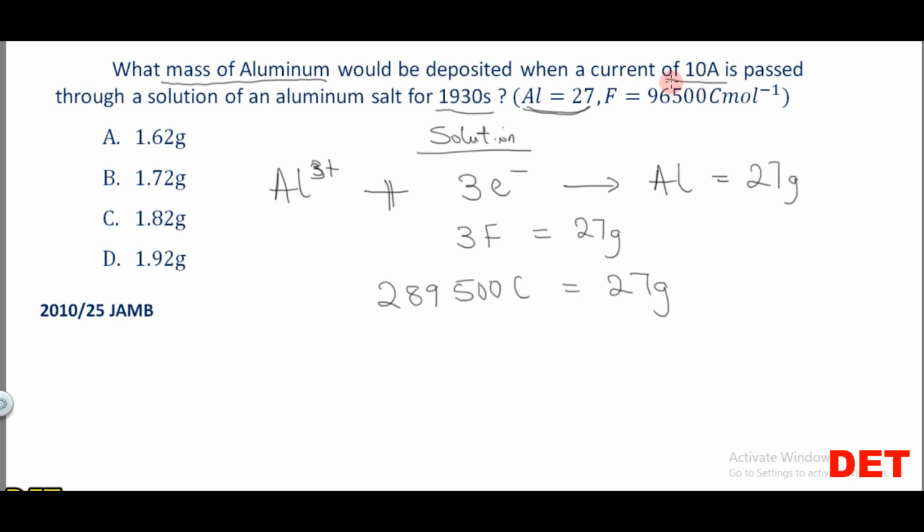So the question again is, what mass of aluminum will be deposited when a current of 10 ampere is passed through a solution of an aluminum salt for 1930 seconds? So we are looking for the mass of aluminum that will be deposited by this current when it is passed for a time interval of 1930 seconds. The next thing I would want to do is to calculate the quantity of electricity that would be produced from a current of 10 ampere within 1930 seconds.